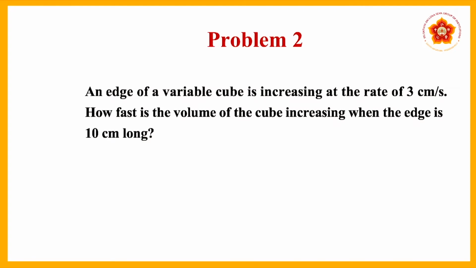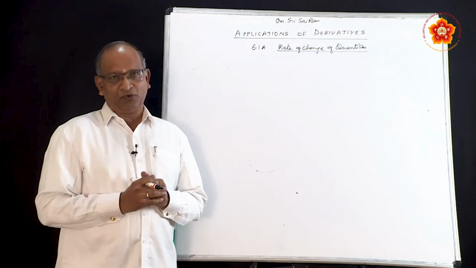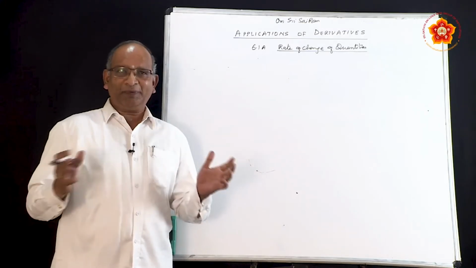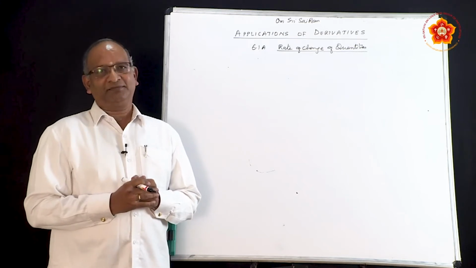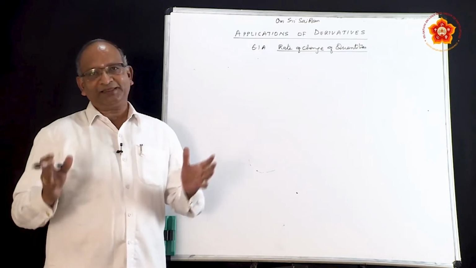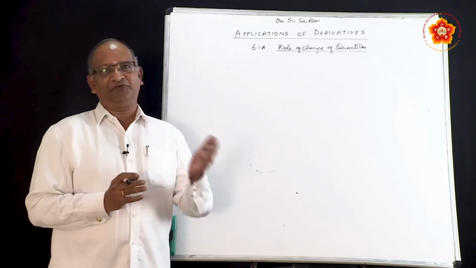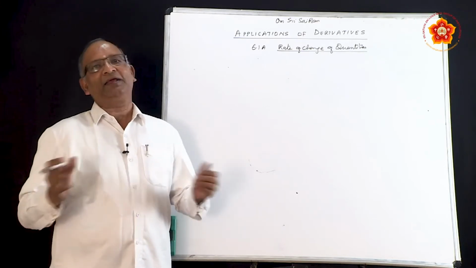The problem reads that an edge of a variable cube. We have come across various geometrical figures in our lower classes. Cube is a 3-dimensional geometrical object in which all the 3 dimensions, that is length, width and height, are equal.